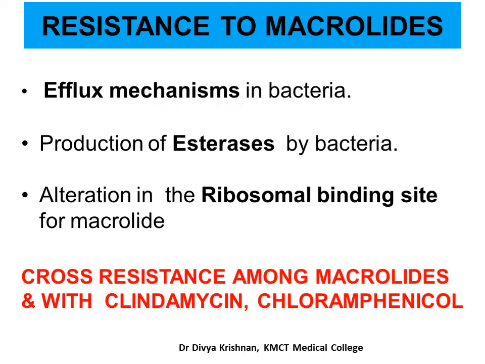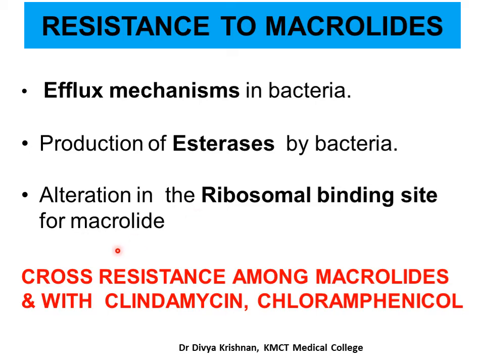The next one is the production of esterase enzymes by bacteria which hydrolyze the macrolides and do not allow them to act against the bacteria. The third one is the alteration of the target molecule, that is the ribosomal binding site for the macrolide in the bacteria undergoes an alteration, because of which the macrolide cannot bind to the site. By these mechanisms, some bacteria have developed resistance to macrolides.